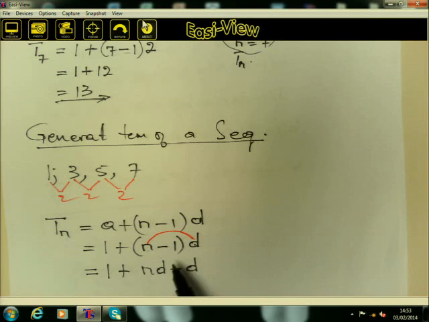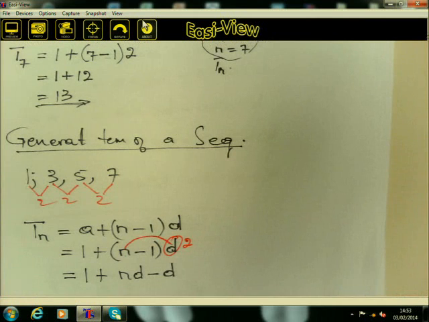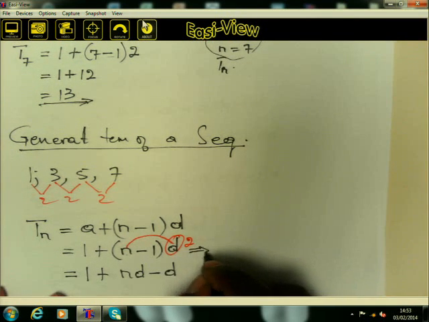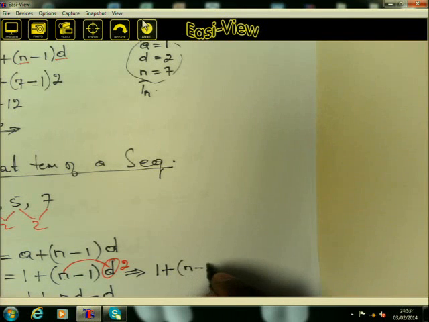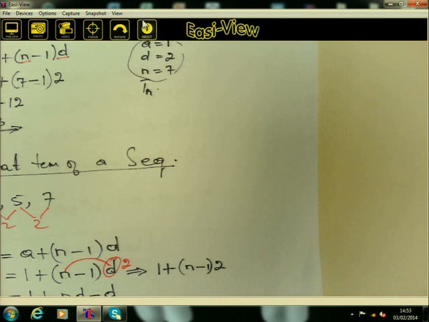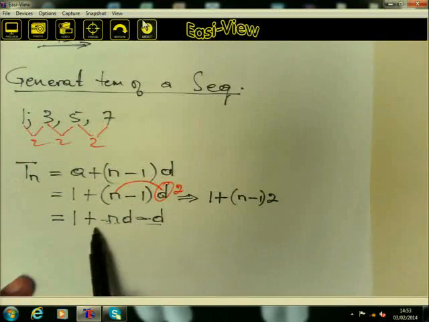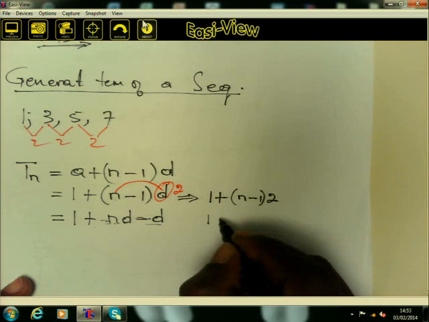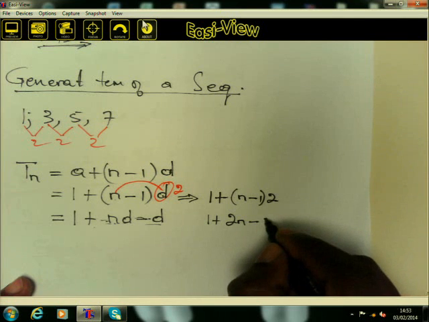But we know that this d is equal to 2. So from this step we'll have 1 plus n minus 1 multiplied by 2. We have multiplied this way, so this should also be 1 plus 2n minus 2.